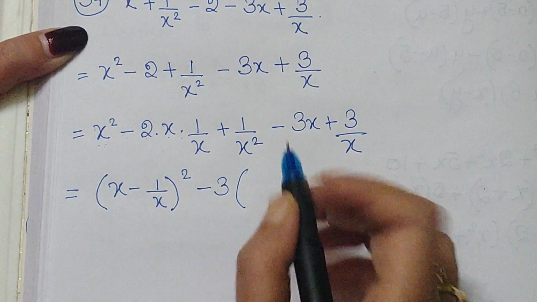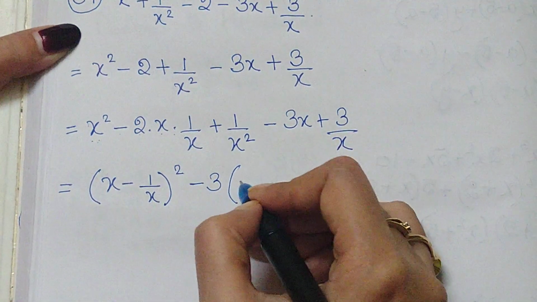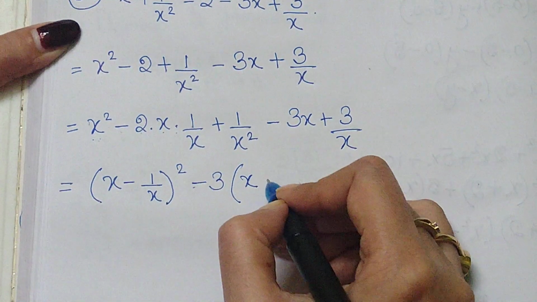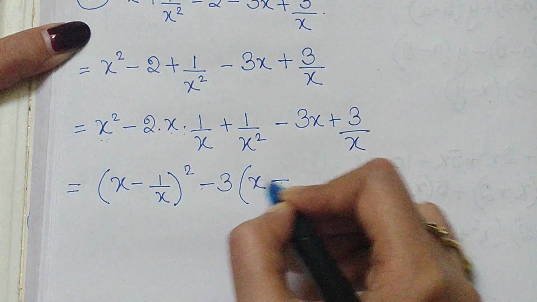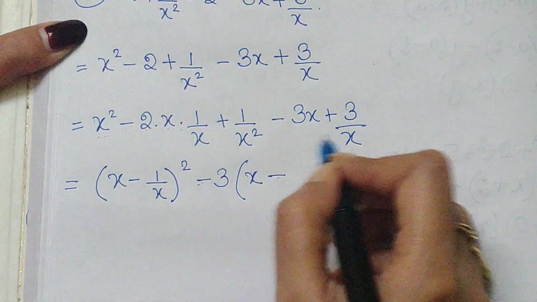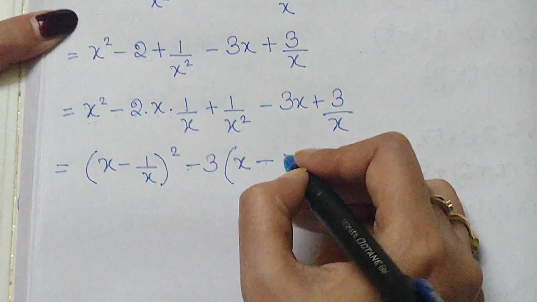So keeping in mind I am taking minus 3 common. X I will be getting because plus minus minus. I need to put one minus sign because minus minus plus. I cannot put over here plus sign because plus minus will generate minus sign.